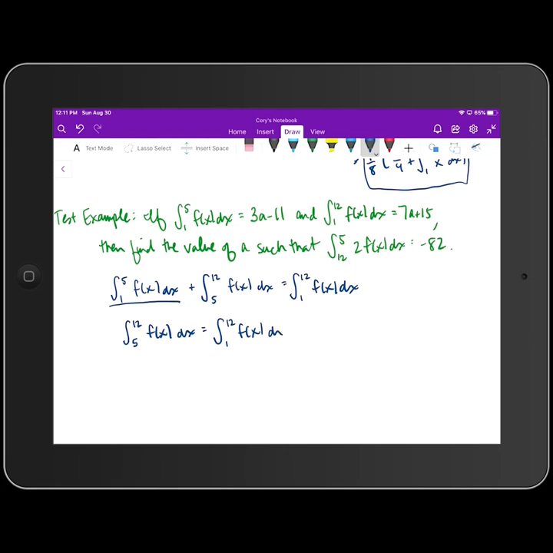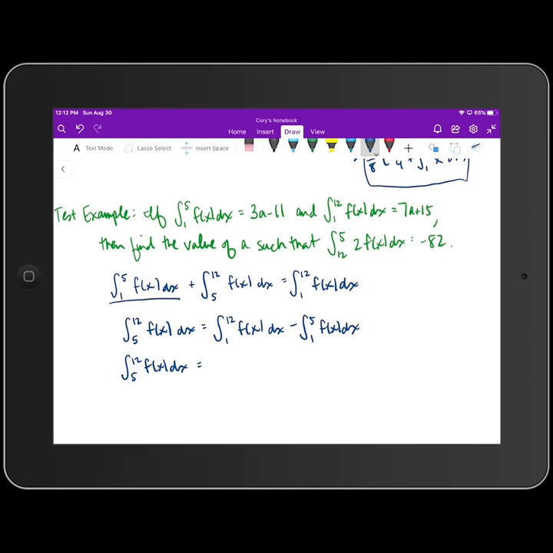of f of x with respect to x, minus the integral from 1 to 5 of f of x with respect to x. Okay, which will make the integral from 5 to 12 of f of x with respect to x. We know the integral from 1 to 12 is 7a plus 15.